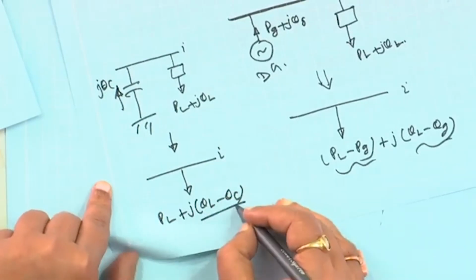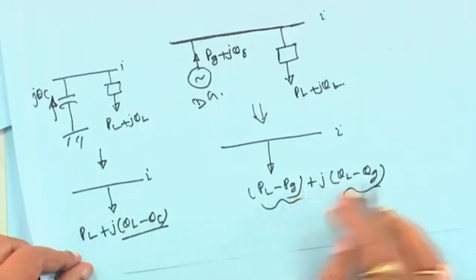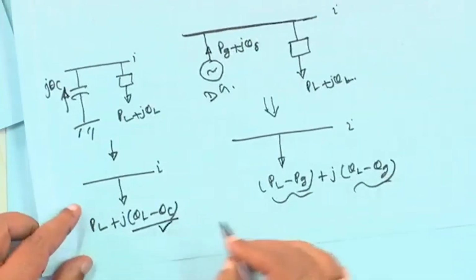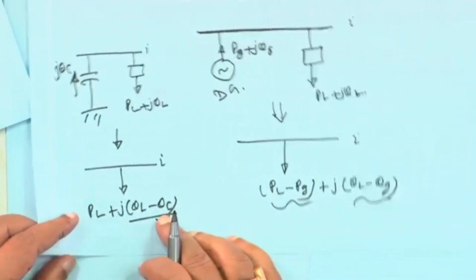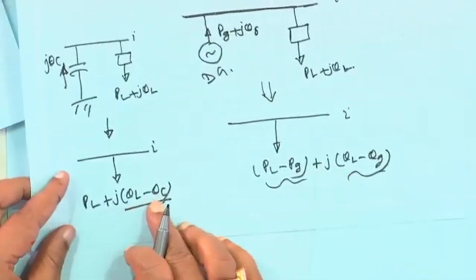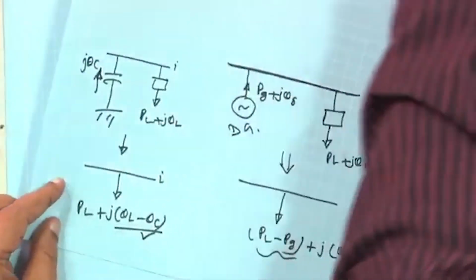That means the reactive power is reduced but PL remains the same. If PG is 0 and QG is replaced by QC in the previous expression, you get this. If you consider DG the concept is like this, if it is a capacitor it is like this. That is why, before going to the application of capacitor, I told you this concept.